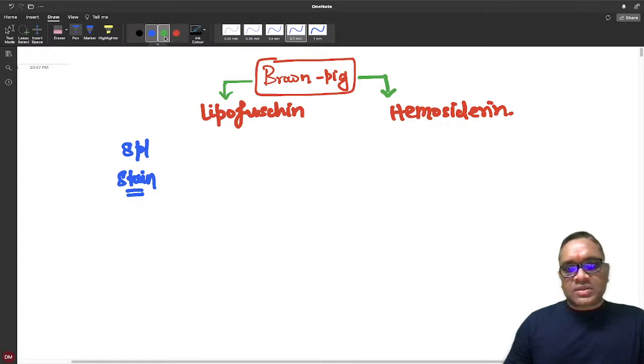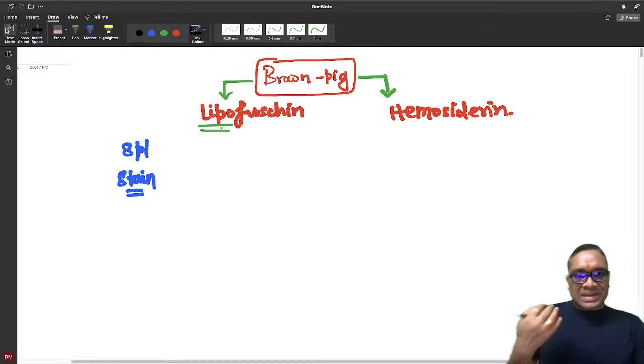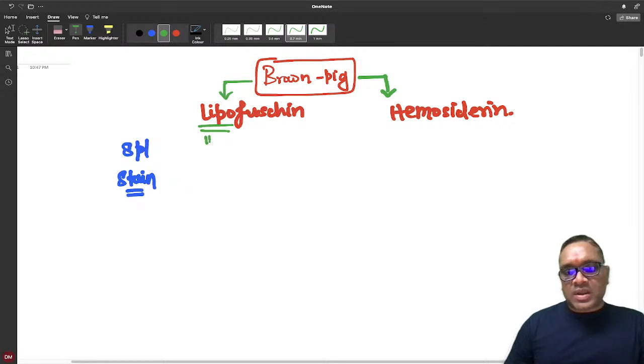So now you understand. If you are thinking lipofuscin, the name itself is telling lipid, right? So if you are suspecting lipid or lipofuscin, what stain are we going to use? Oil red O stain, right? And what will be the color of lipid? Lipid will be red in color.